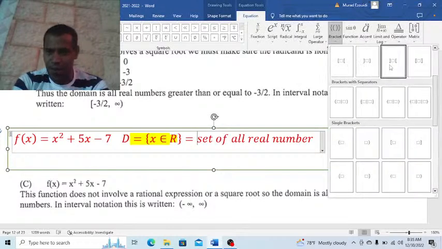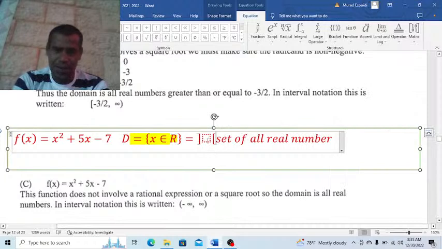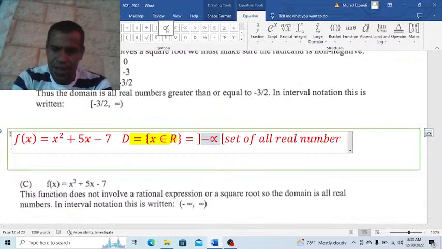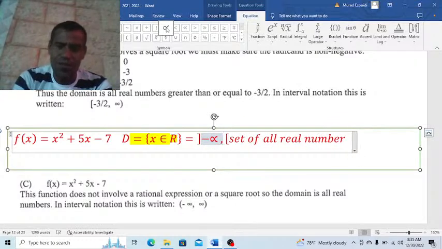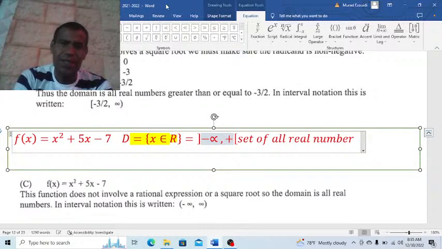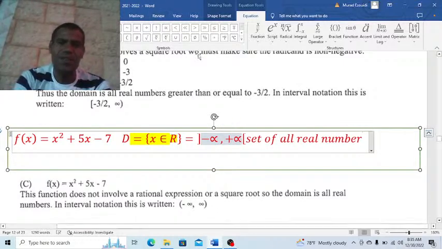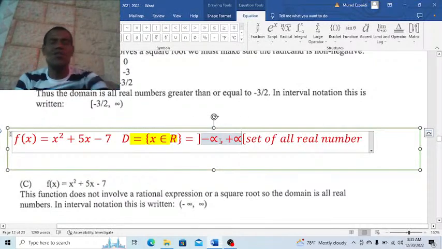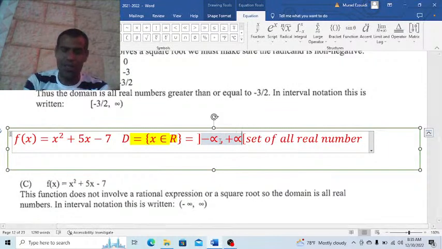This is an open interval, the symbol of infinity to positive infinity. So this is the domain of the function, all the numbers belonging to the set.